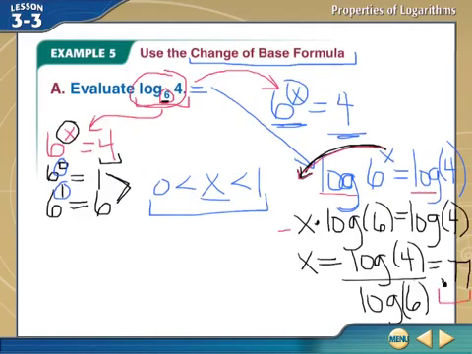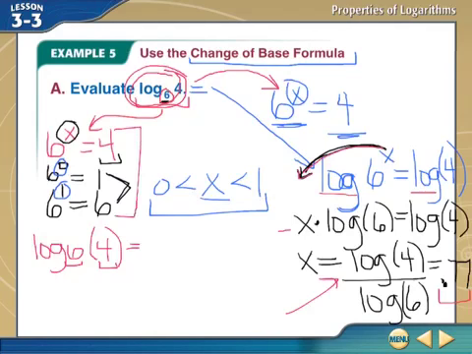What you see here, log of 4 over log of 6, is the shortcut we talked about on the last slide for evaluating a logarithm in base 6 for a number that is not a power of 6. We know that our exponent is not going to be an integer.